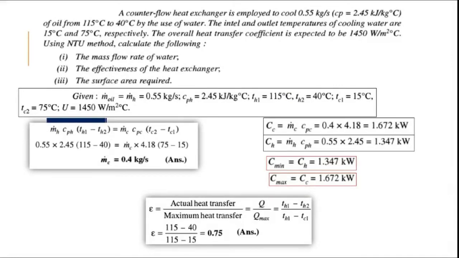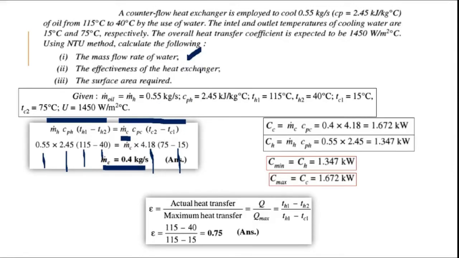You can see that mH cH (TH1 minus TH2) is equal to mC cC (TC2 minus TC1). mH value is given to you. cH value is given to you. Inlet and outlet temperature of hot water is given. mC value has to be determined. cC value we have taken as 4.18. You need to take 4.187. Take the entire value. TC2, TC1 value is given in the question. mC was the only unknown. So we have found out the mass flow rate of water.